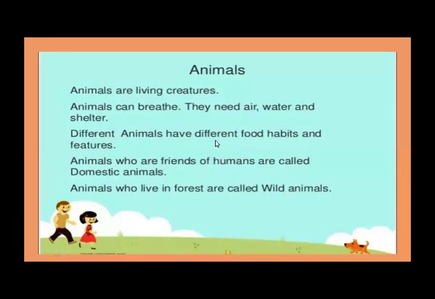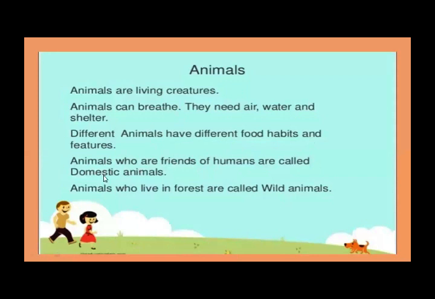Different animals have different food habits and features. Okay, beta, we have already explained this point in unit number 3. Okay, different food habits, and I will tell you in detail in the next slides. Animals who are friends of humans are called domestic animals, and domestic animals are also called tame animals.